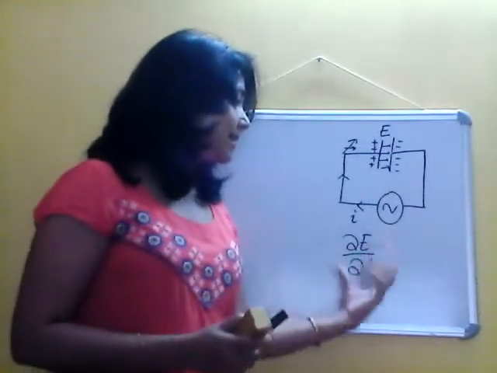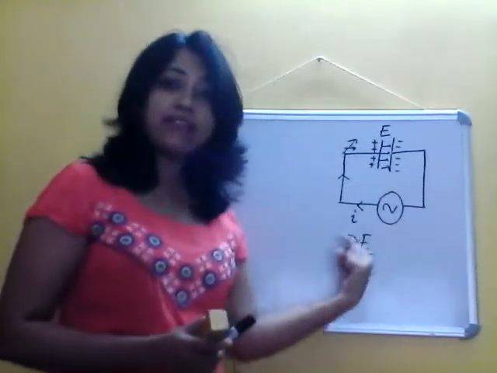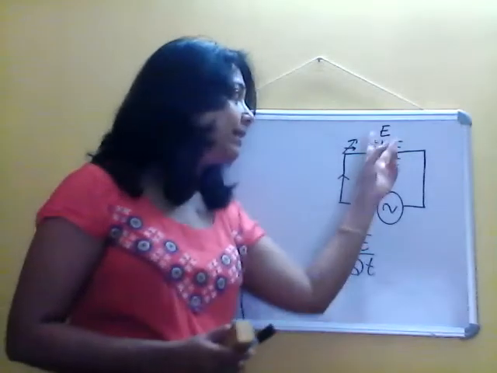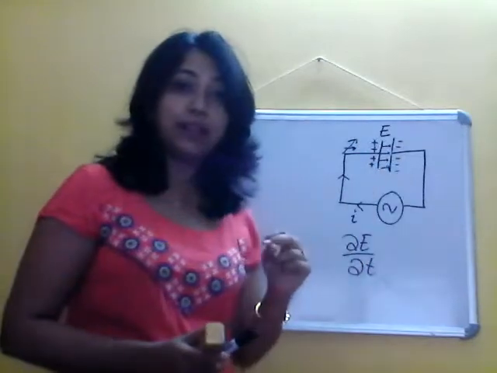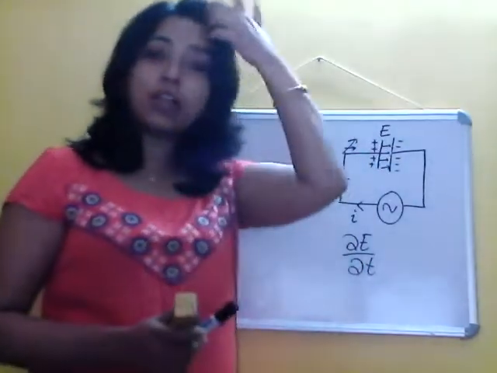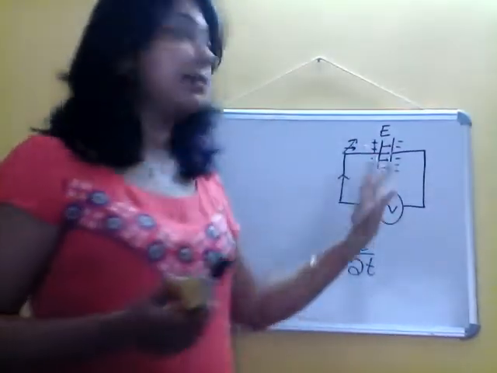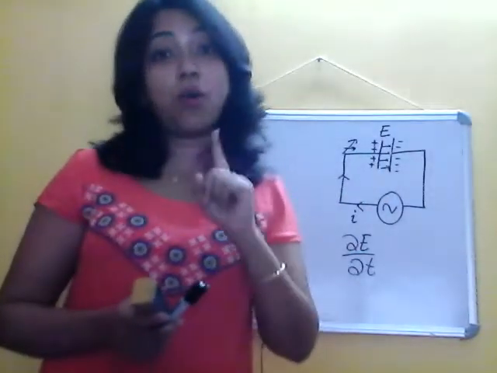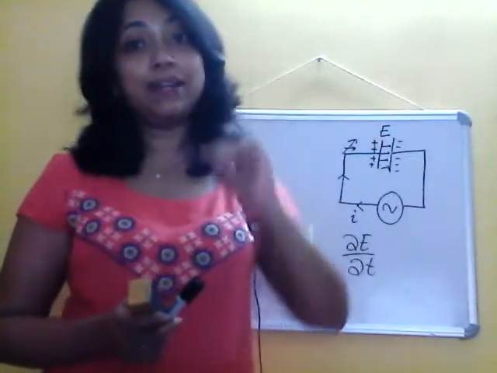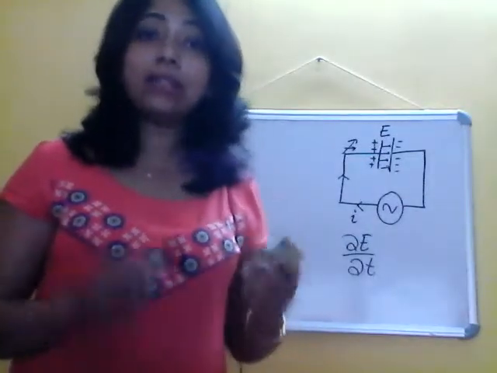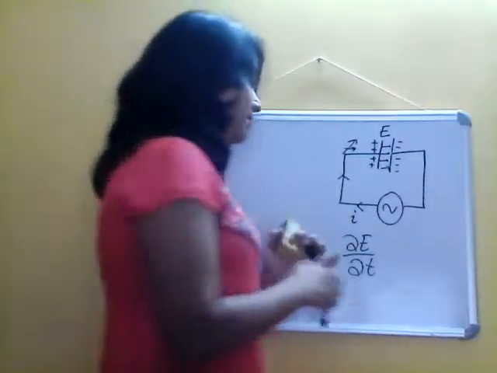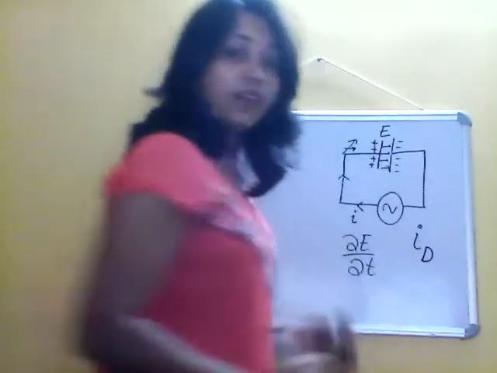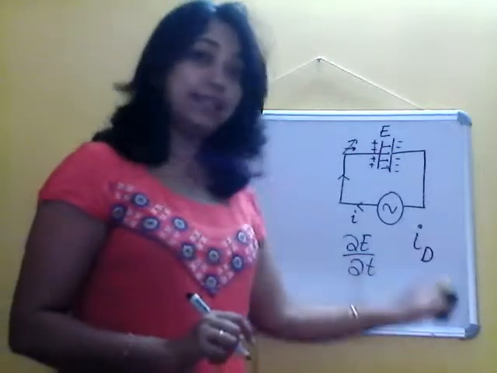That whenever there is a time rate of change of the electric field across the plates of the capacitor, then there is production of a different type of current within this space. And this current has caused the magnetic needle to deflect. And he called this particular current the displacement current. He used the term displacement current, ID.